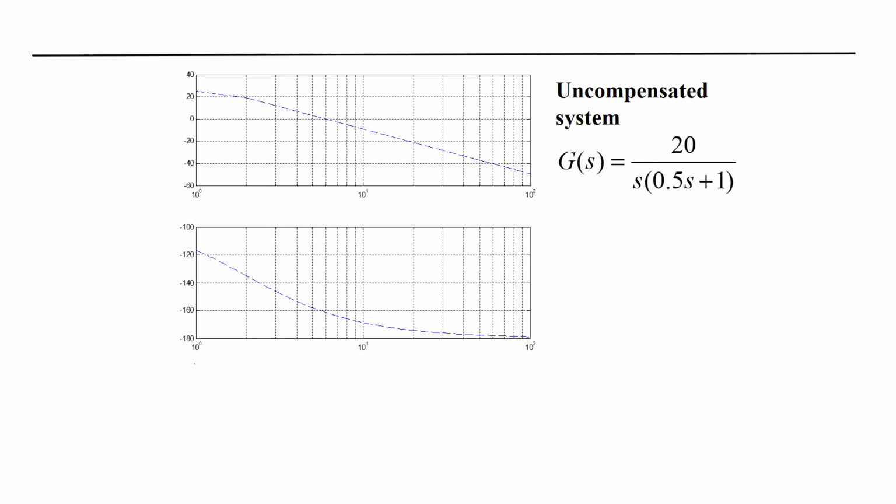Clear? Okay, now I need to satisfy the other condition, the phase margin, which I needed to be 50. So the first thing I will do is find the phase margin of the system itself. We go to the 0 dB and go down.